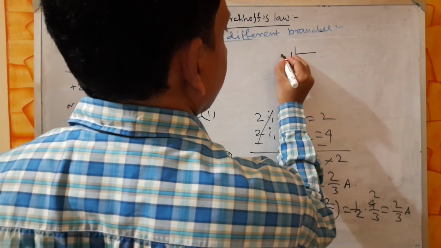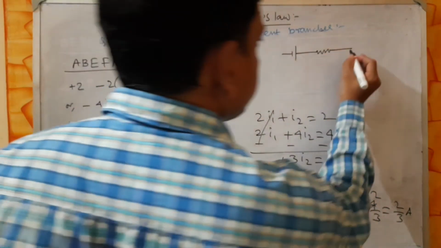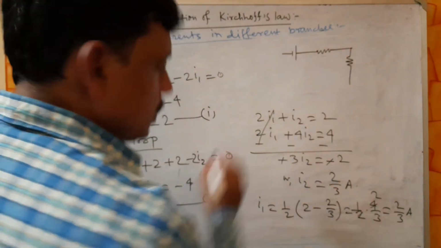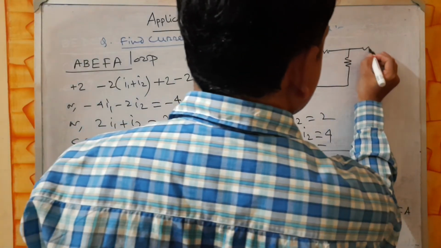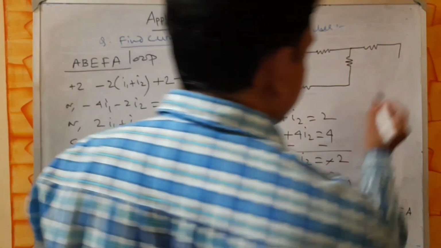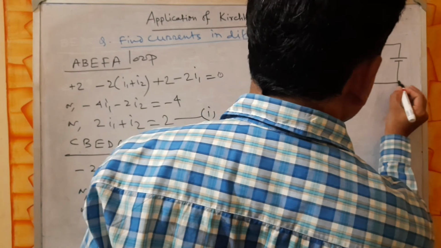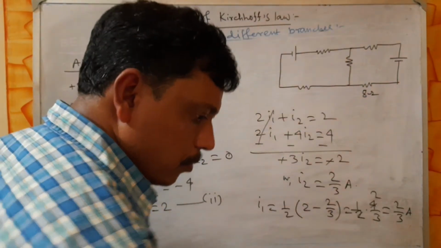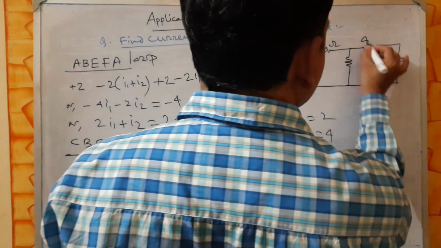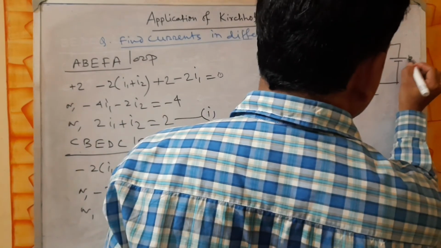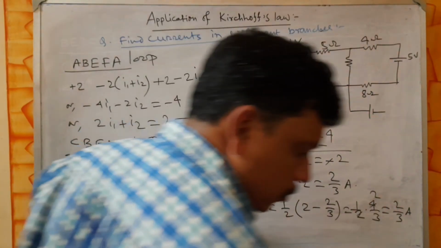The circuit has resistors of 5 ohm, 6 ohm, 1 ohm, 4 ohm, 8 ohm, 5 ohm and 16 ohm, with EMFs of 5 volt, 21 volt, 5 volt and 2 volt.